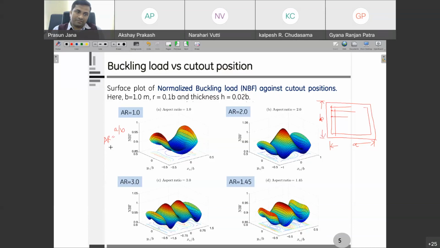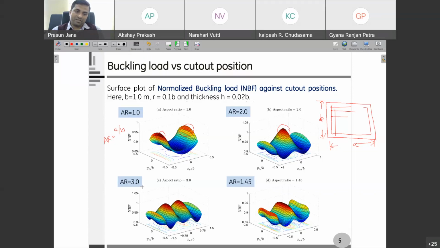When AR is equal to 1, a square plate, the surface plot shows that the maximum buckling load is obtained when the cutout is placed towards these two edges. Whereas for aspect ratio 2, the surface plot shows the optimal location is towards the center of the plate.